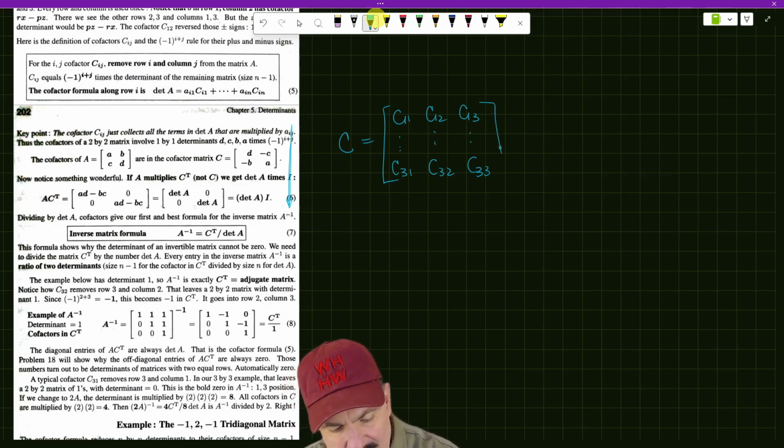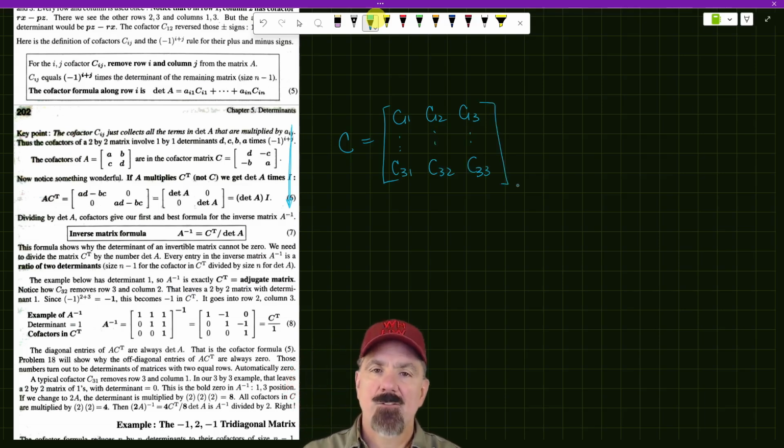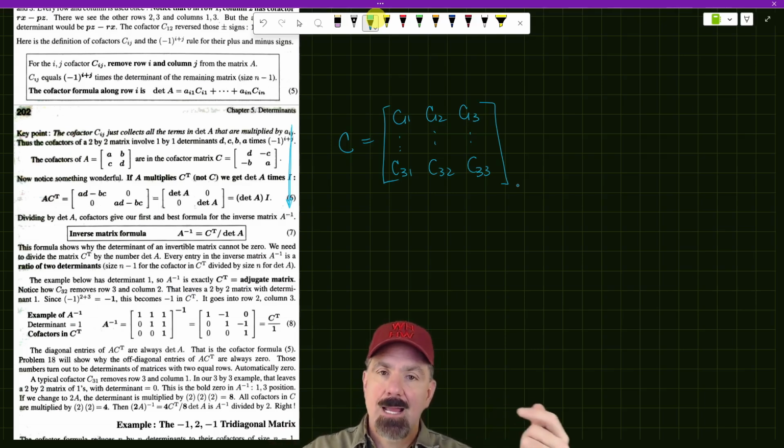We could build a matrix filled with the cofactor values. Cofactors are numbers. It's a determinant times a positive or a negative.